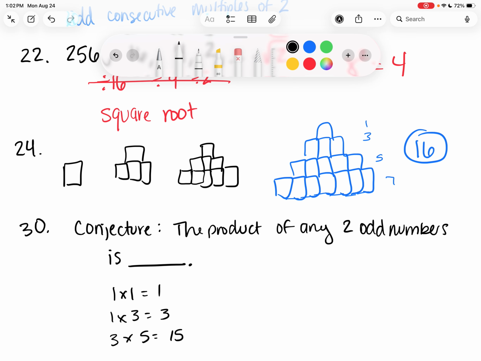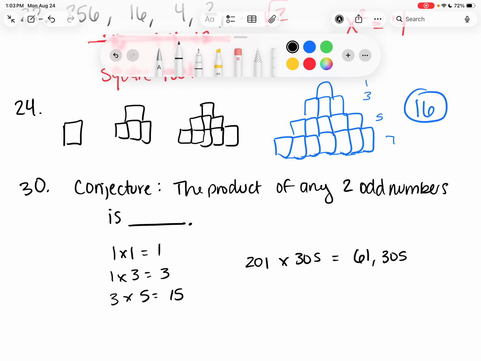And then they go out. I'm not going to write them all, but 201 times 305 is 61,305. So what do we think fills in this blank? Odd. Yep. The product of any two odd numbers is odd. So if I multiply two odd numbers, I'm going to get an odd number.